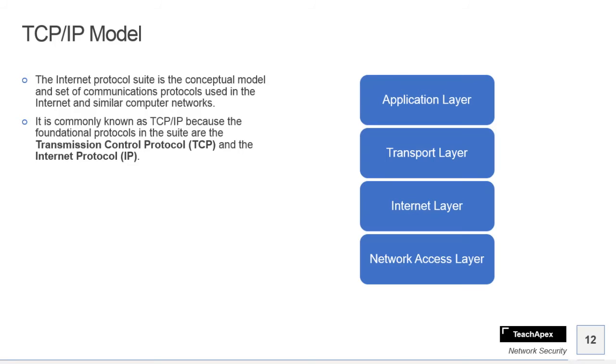All right, you can see here in this model we have 4 layers: application layer, transport layer, internet layer, and network access layer. So at network access layer, it's also known as link layer, is the lowest layer of the TCP/IP model.